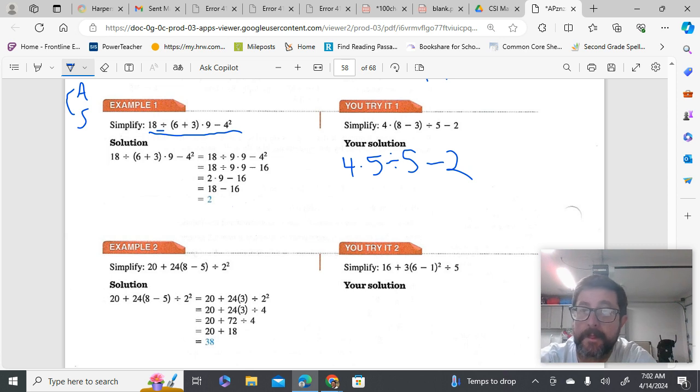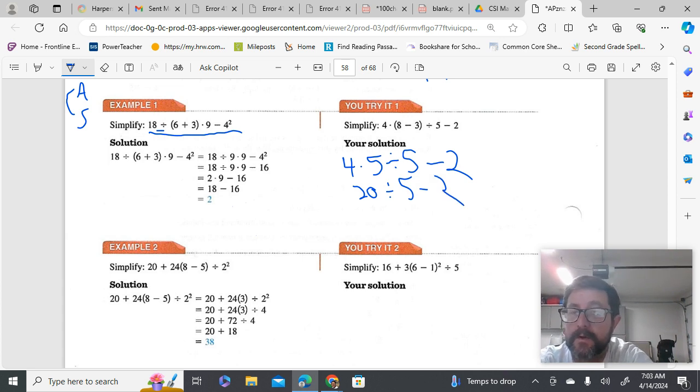On the next one, we're out of parentheses. We don't have any exponents. So we go multiply, and multiply and divide is just left to right. So we will do the 4 times 5, which is 20, divided by 5 minus 2.